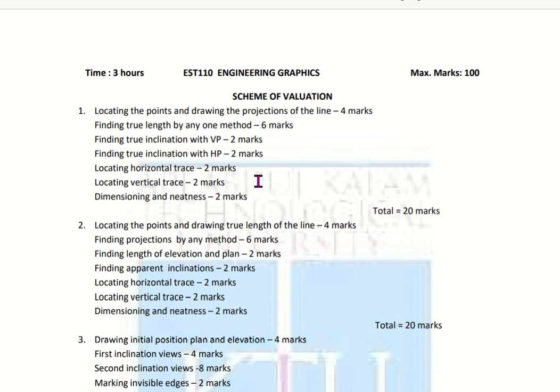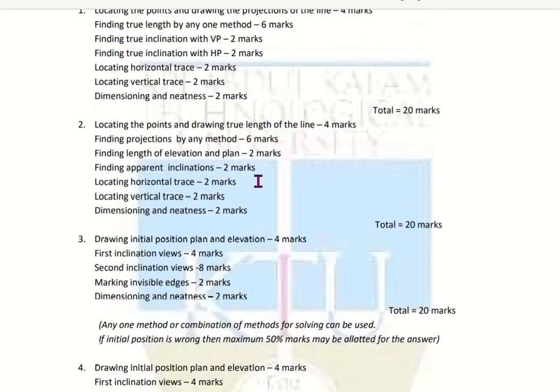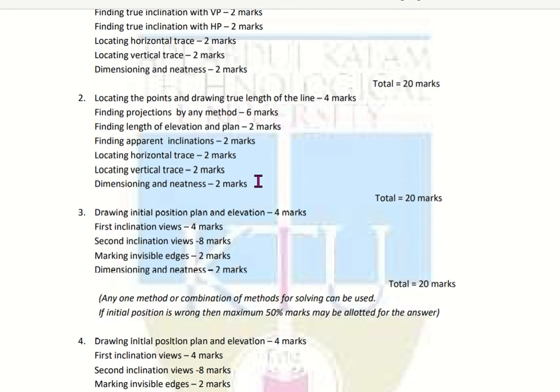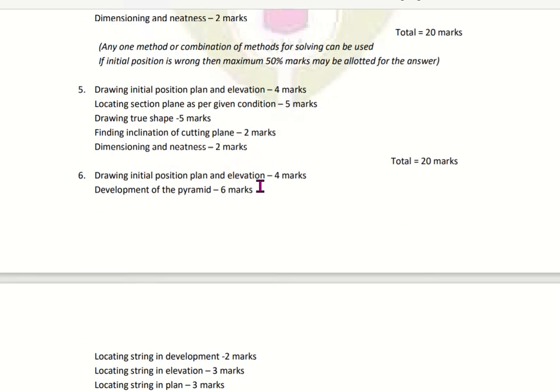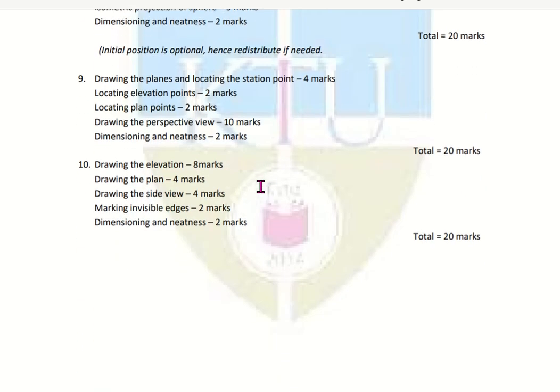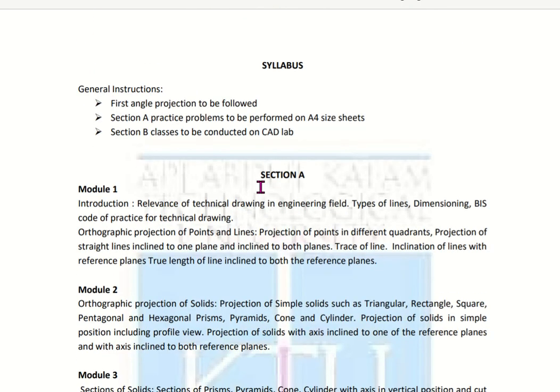So better, after starting the class or after completing the first module, you can go back through this syllabus and check the distribution of the marks for each step in engineering graphics. So it will be useful at least after one month of time after starting the course. So these are the distributions of the marks and the syllabus.